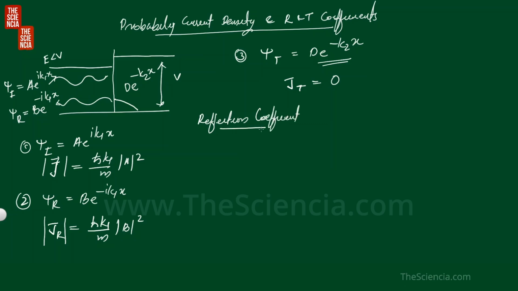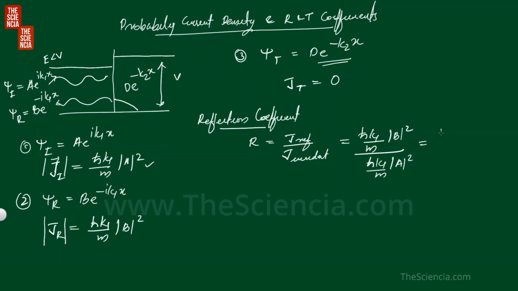Now we can find out the reflection coefficient. That is how much of the total wave is reflected. That is R equal to J reflected by J incident. Here this is J incident, and we got h cut k1 by m into modulus of b square, divided by J incident, that is h cut k1 by m mod a square, that is modulus of b by a all square.